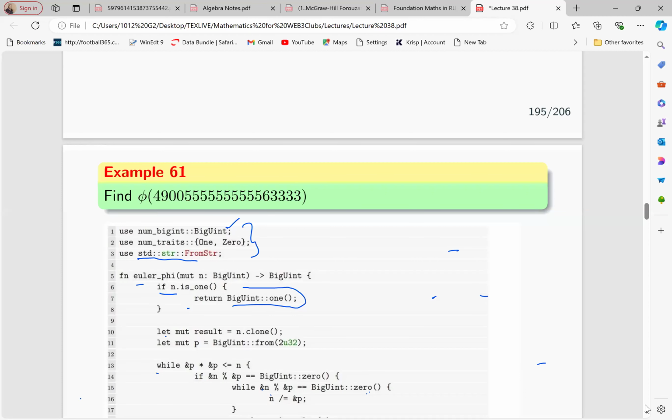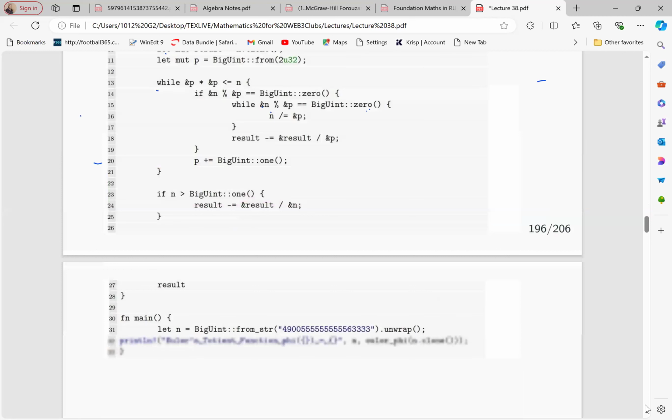Let me see what I've written there. I've said when n is not 1, then the result is initialized to n. So if n is not 1, initially we want to assume that the Euler phi of this n becomes n. But then I've said this is mutable.